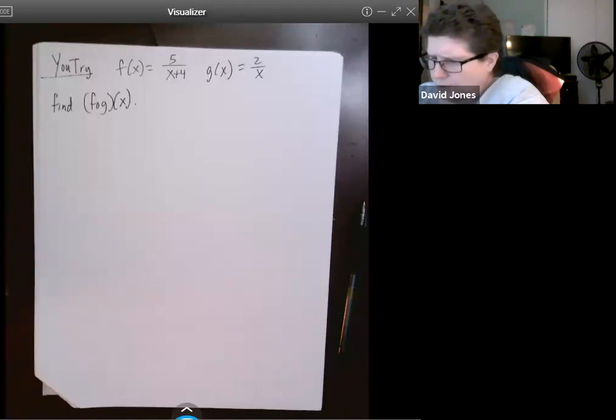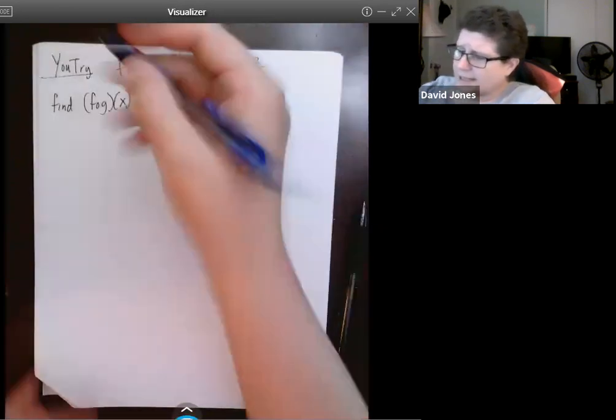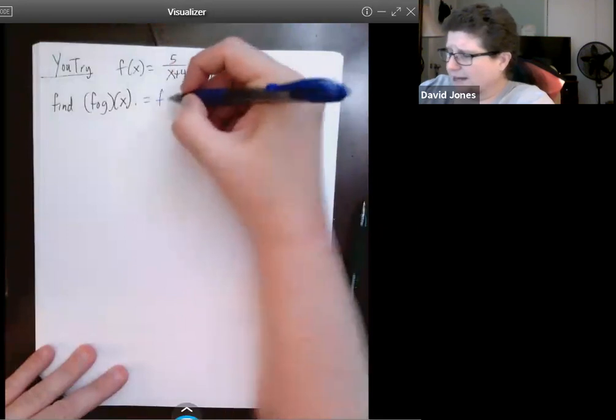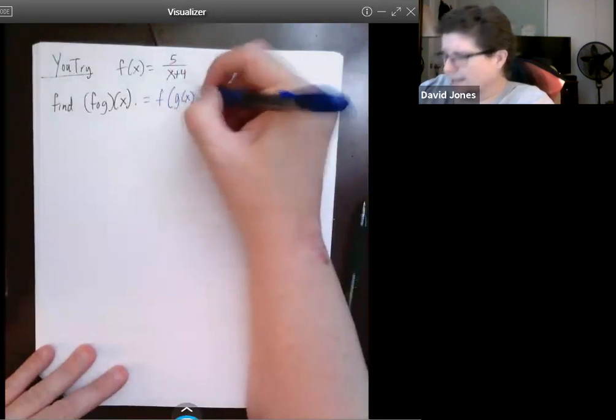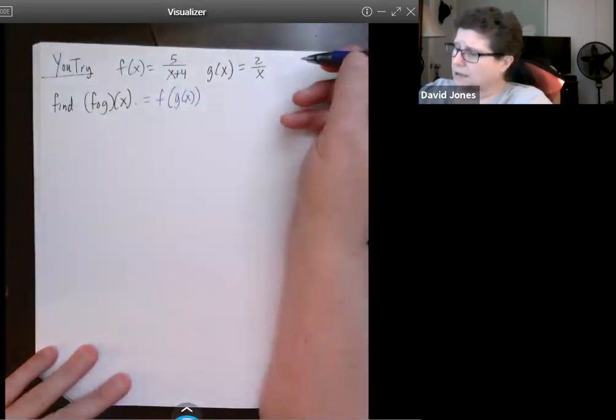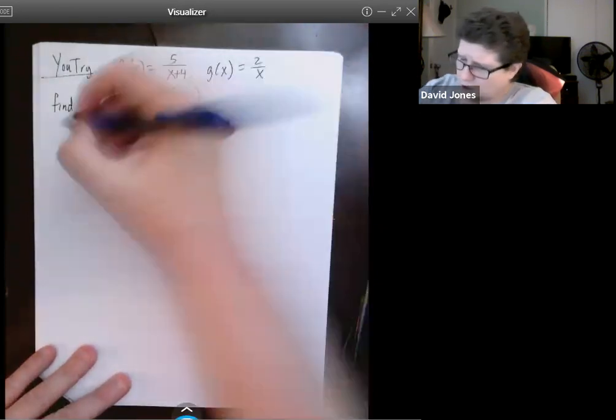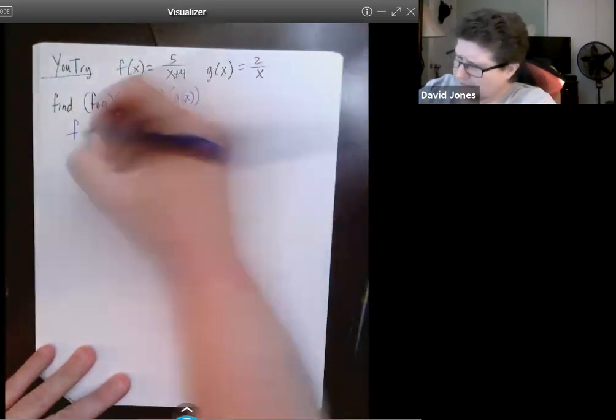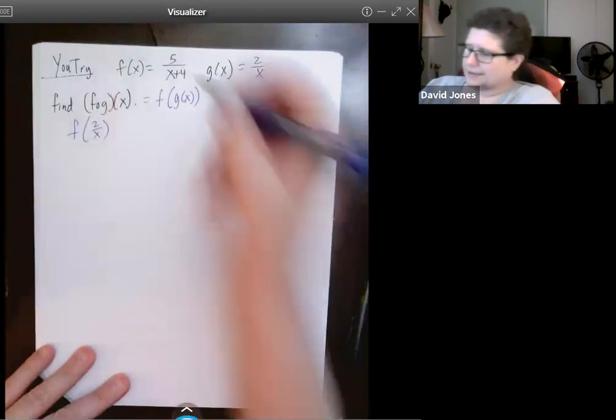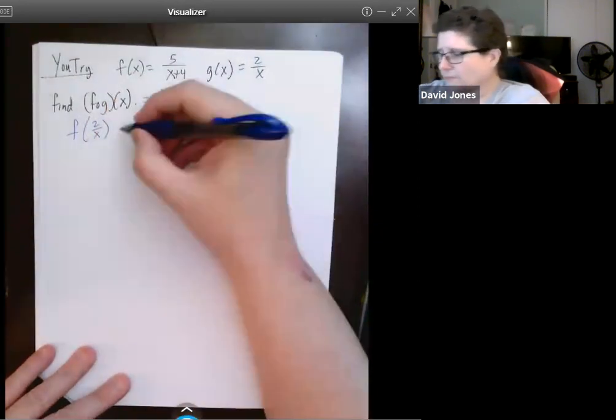All right, so I'll assume you're pausing it and working on it. f of g of x is f of x evaluated with g of x. So what I need is f of 2 over x.